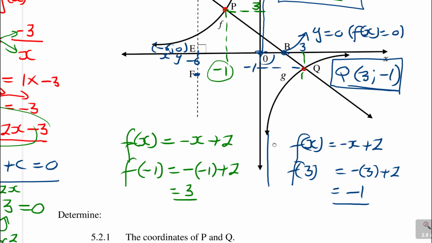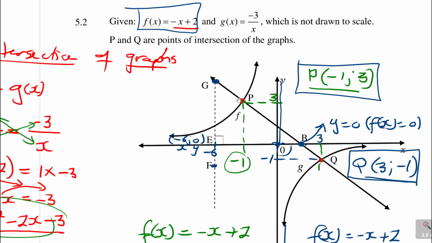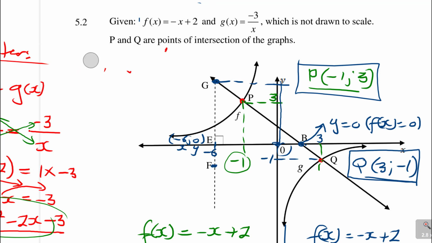So what you do is you go to this point and ask yourself, what is the value of y here? Now when x is minus 6, you go to the graph of f of x, which says f of x is equal to minus x plus 2.